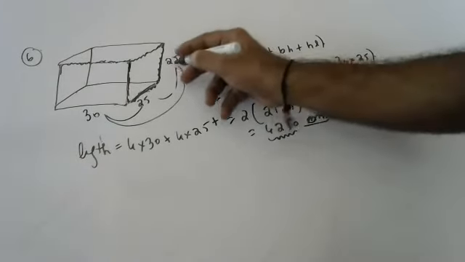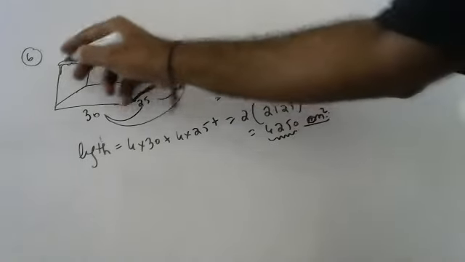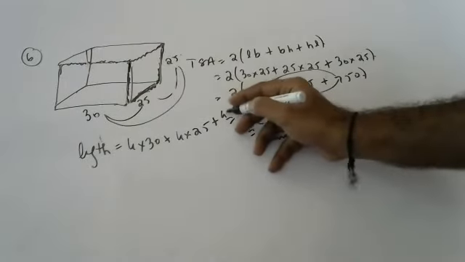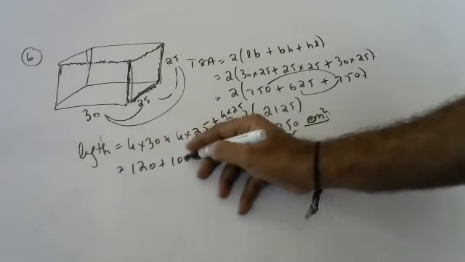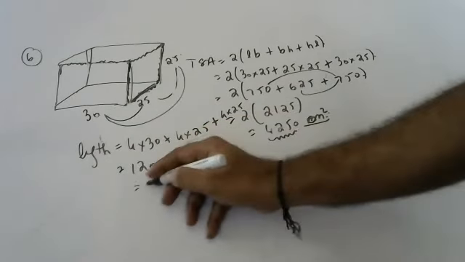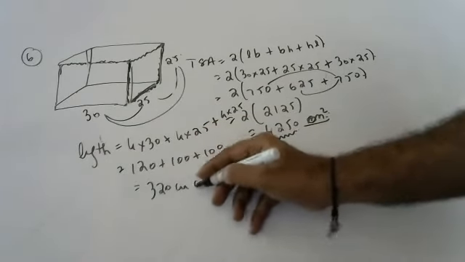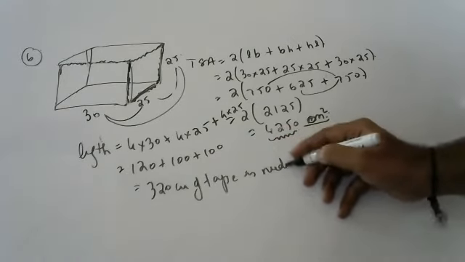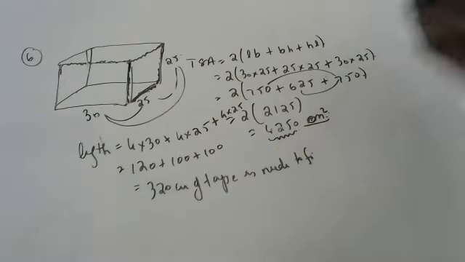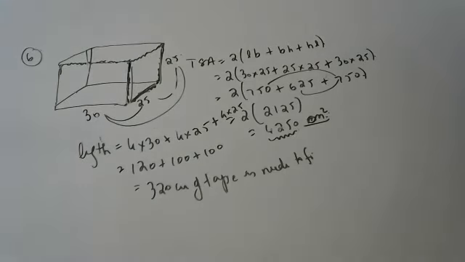How many 25s for the heights? 4 25s are there. So children, 120 plus 100 plus 100, that is 320 centimeters of tape needed to fix all sides.